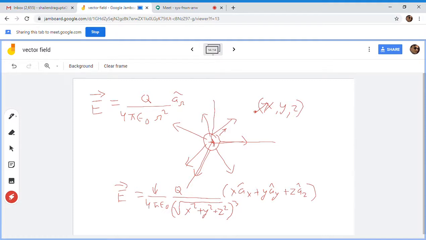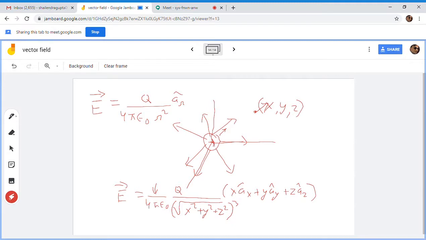This electric field is pointed towards the AR direction, and it deteriorates as we increase the radius of the surface. The farther the point is from the charge, the lesser the magnitude of the electric field.